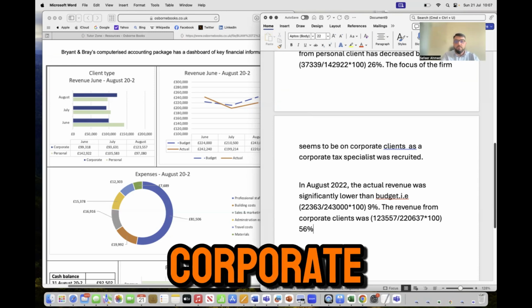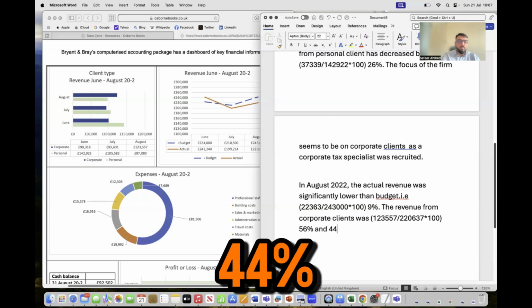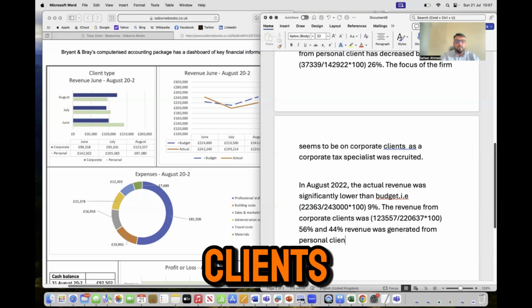So the revenue from corporate clients in August, of course, was 56% and 44% revenue was generated from personal clients.